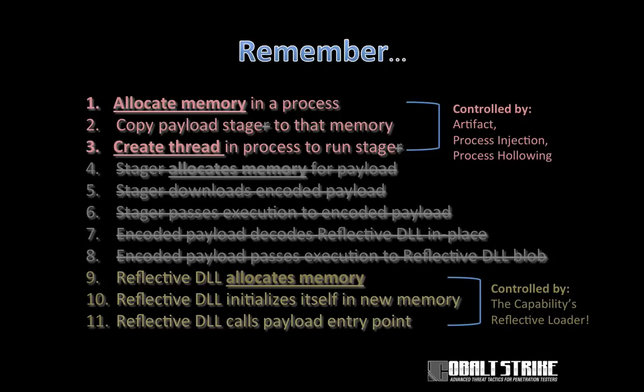The capability, its reflective loader, controls other characteristics. With the Beacon payload, you actually have some control of those characteristics. We'll talk about that in the next lecture. For capabilities like Mimikatz, hashdump, and others, that control is not there yet as of February 2018. So keep that in mind.